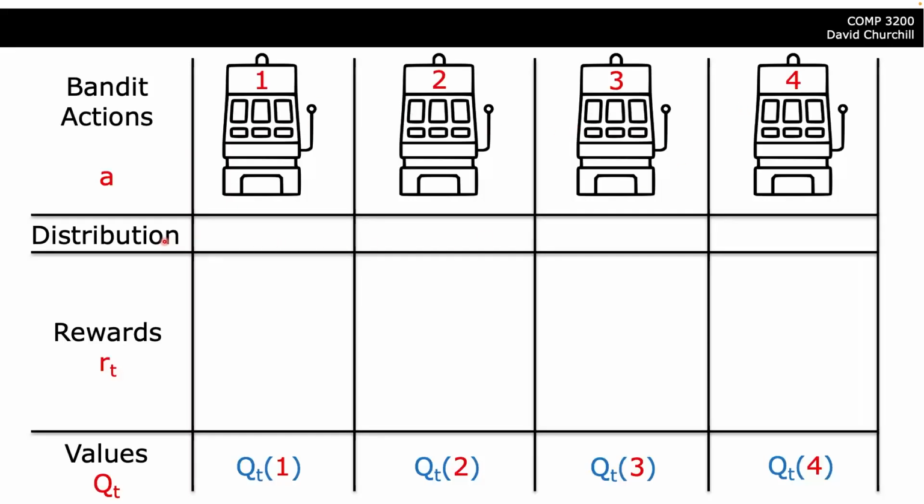I'll come back to the distribution in a second. Here, what I'm going to do is just keep a record of all the rewards that I've gotten from each bandit. So if I've pulled this one 3 times, I'm going to have 3 numbers down here. Okay, and then this value, Q of t, this is going to be Q of 1, Q of 2, Q of 3, Q of 4. That's just, after I've done some number of actions, the value estimate that I have for that particular bandit.